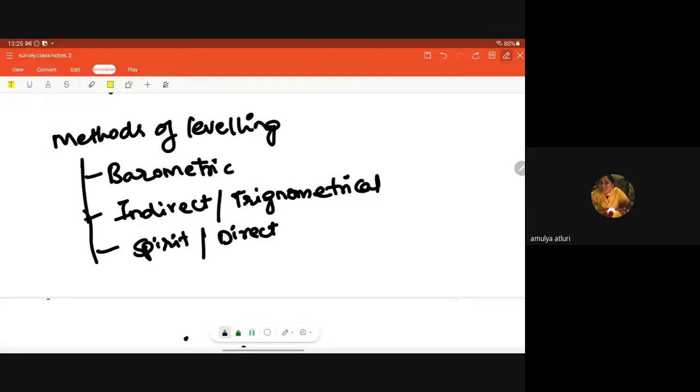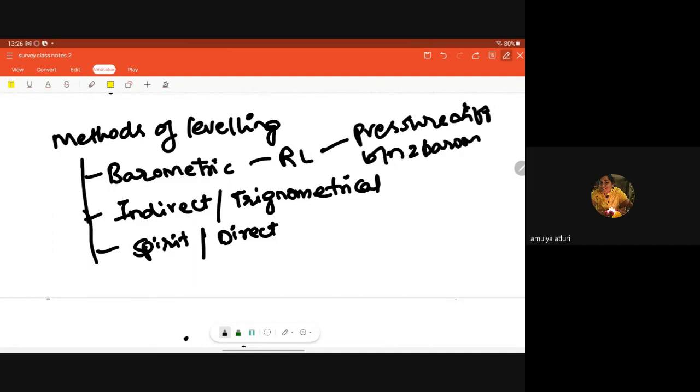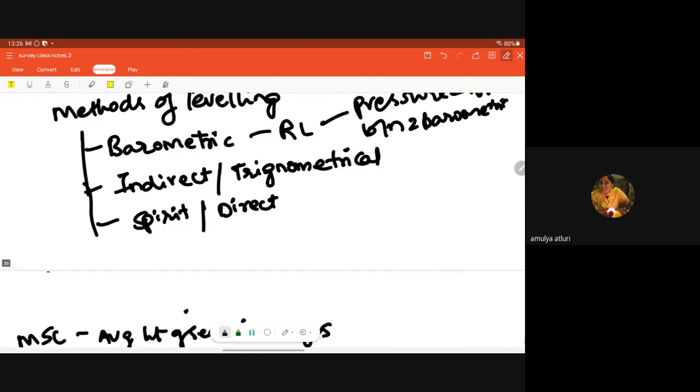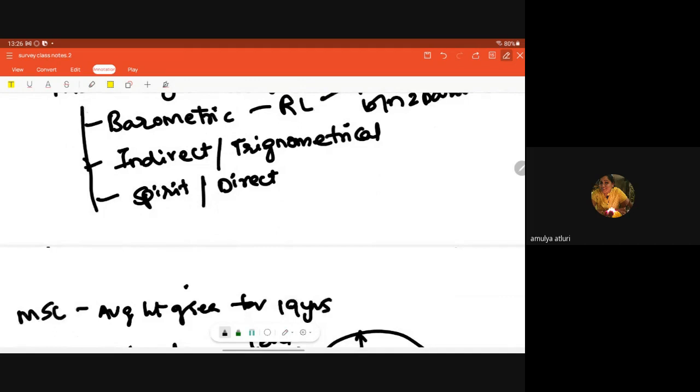What is barometric leveling? In barometric leveling, the reduced level is obtained from the pressure difference between two points, measured with the help of a barometer. Next, indirect or trigonometric leveling: the heights and distances of various points are calculated by taking vertical angles.